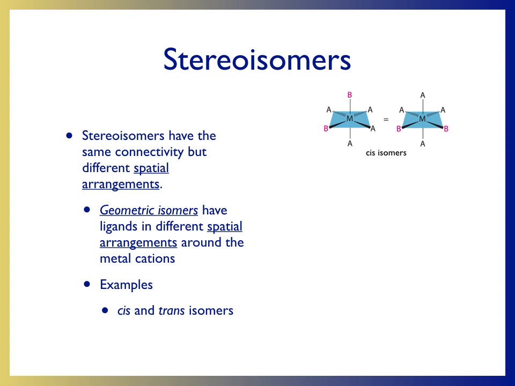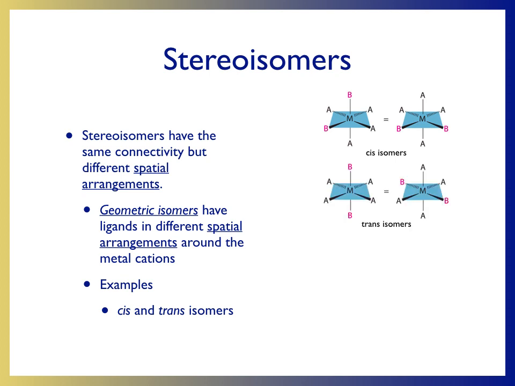For cis isomers, the 2 ligands are 90 degrees away from one another and appear on one side of the complex ion. In the picture, we show 2 different ways that you can have cis isomers. There are other ways as long as, again, there is a 90-degree angle between the ligands.